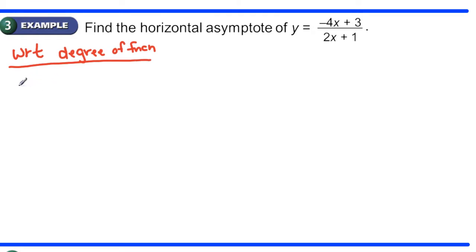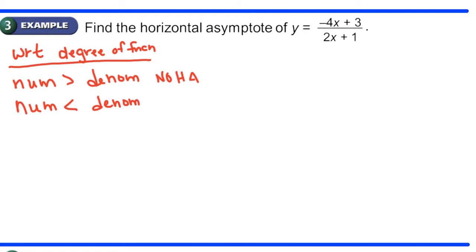If the degree of the numerator is greater than the degree of the denominator, then there is no horizontal asymptote. If the degree of the numerator is less than the denominator, then you have y equals 0 as your horizontal asymptote.